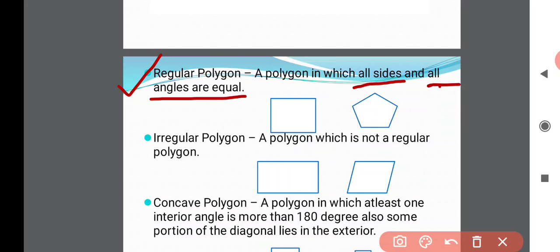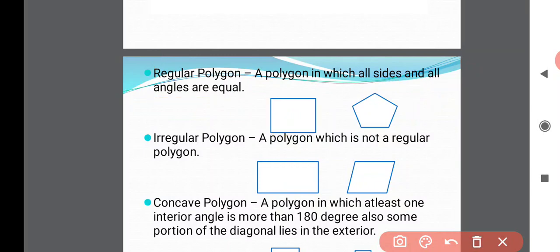And the best example is the square. I know that in a square all the sides are equal and each angle measures 90 degrees. So in this figure all the angles are equal, all sides are equal, so it is known as a regular polygon. Similarly, you will see a regular pentagon means all the sides are equal and also each angle is equal.